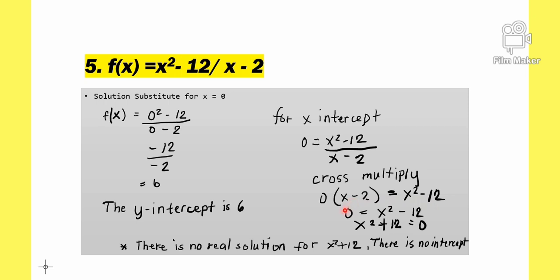And then after that, we will have 0 = x squared minus 12. And then we will transpose negative 12 to the other side. This will become x squared plus 12 = 0. Therefore, there is no real solution for x squared plus 12, and there is no x-intercept.